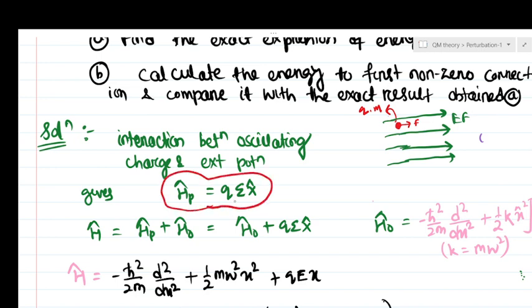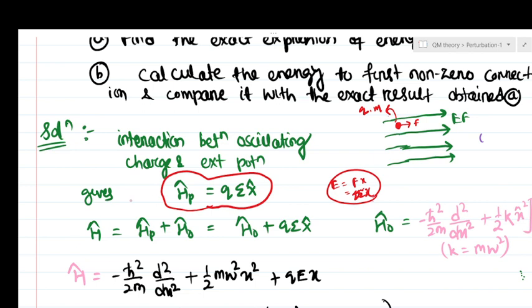You can see it as qE x cap. You know that energy is displacement times force, that is Fx, and F equals qE. From this the perturbing Hamiltonian arises.